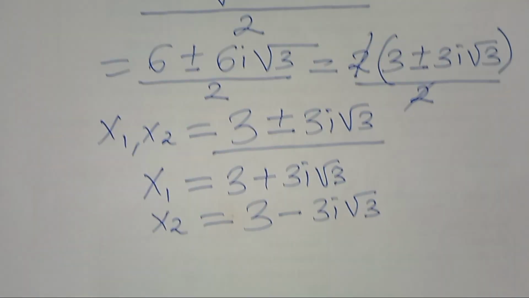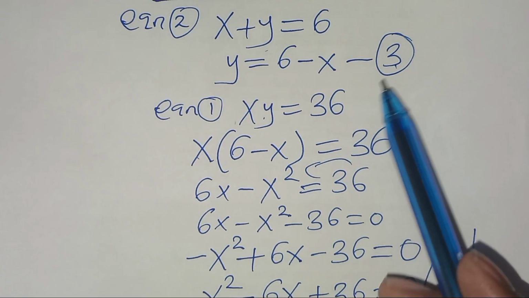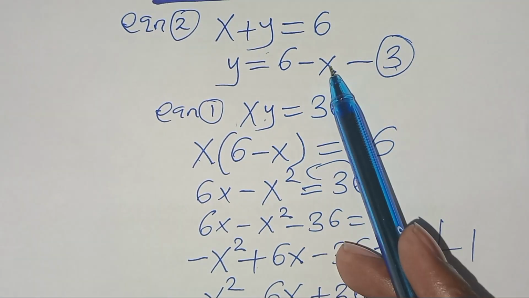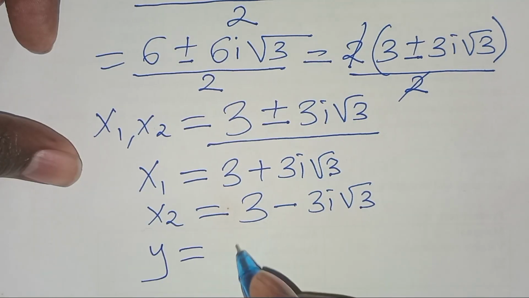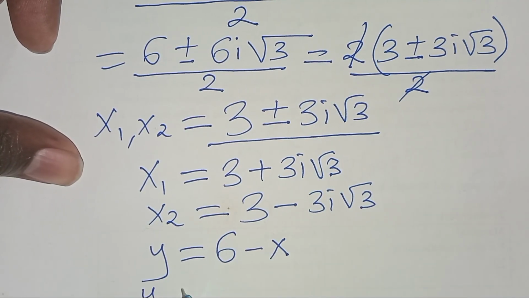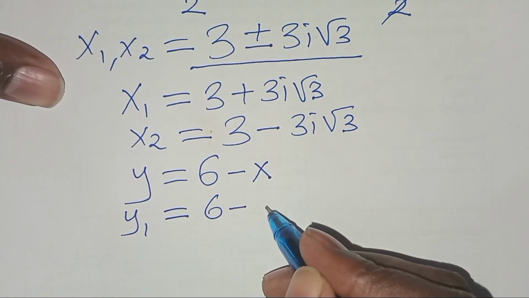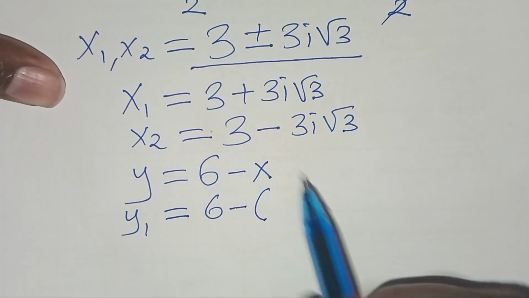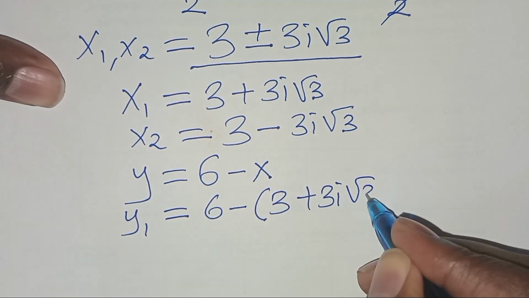So let's solve for the values of y. If you recall, we had equation 3, which is y equal to 6 subtract x. So y1 is equal to 6 subtract x1. x1 is 3 plus 3i square root of 3.